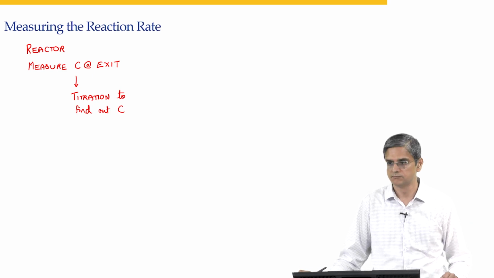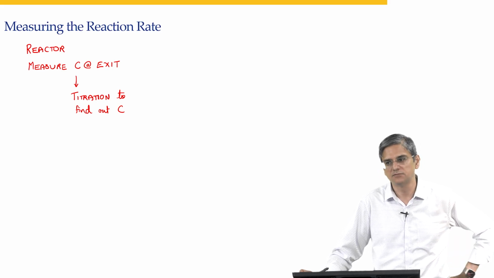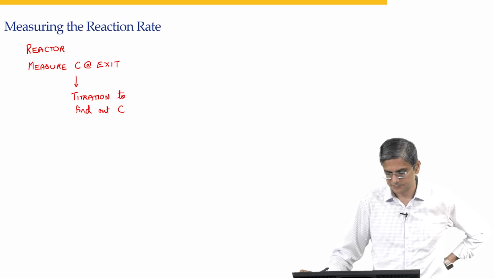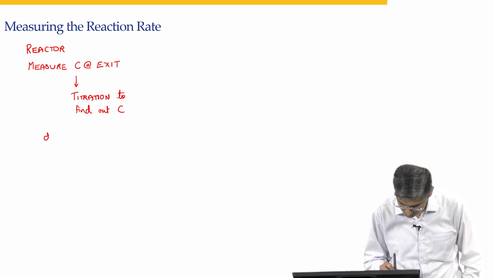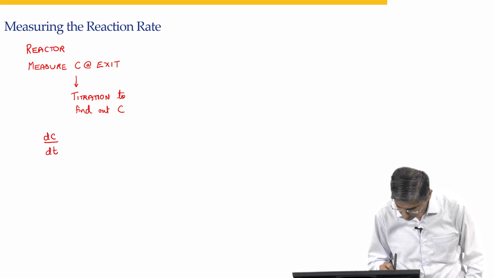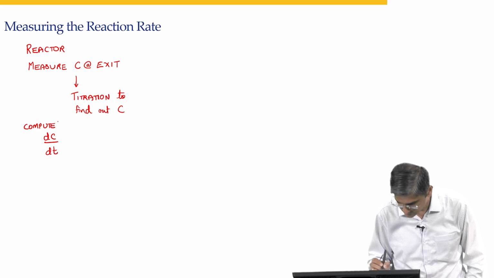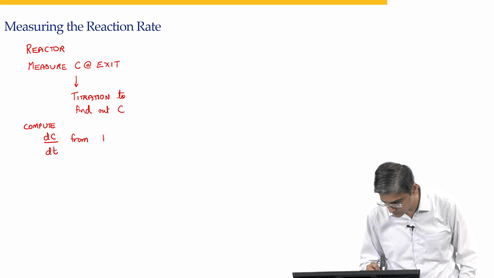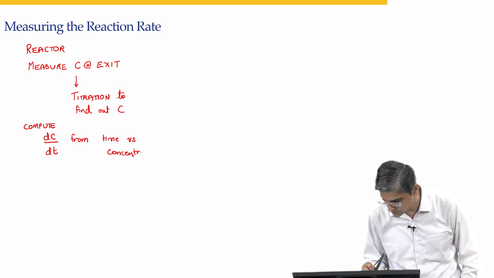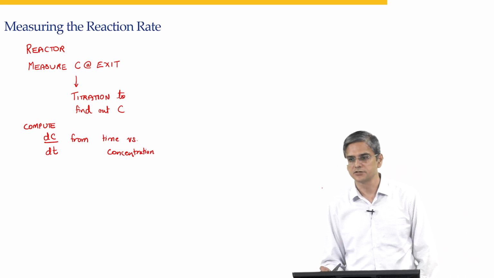Then what did you do? School or maybe your undergraduate chemistry labs. Compute dC by dt from time versus concentration.